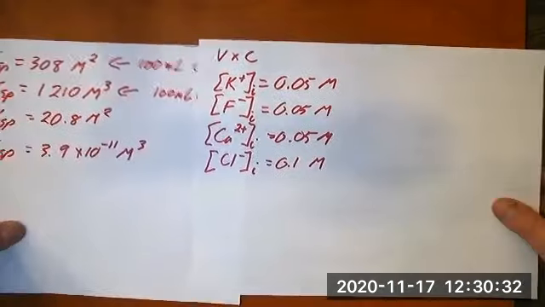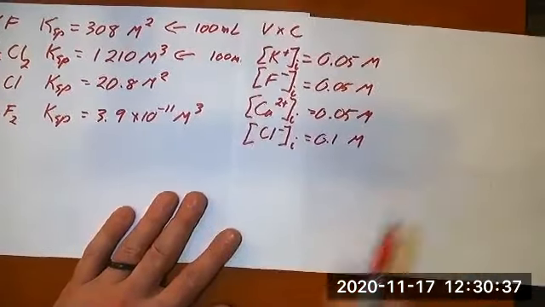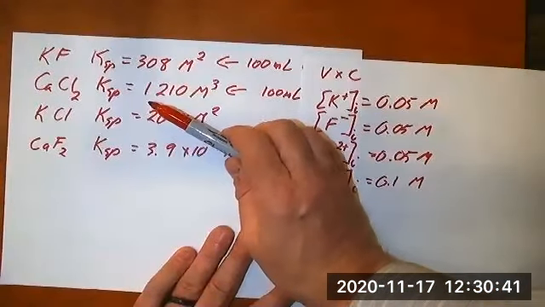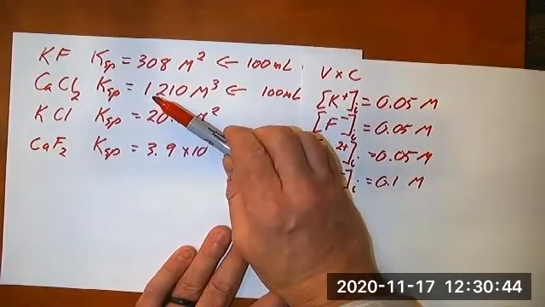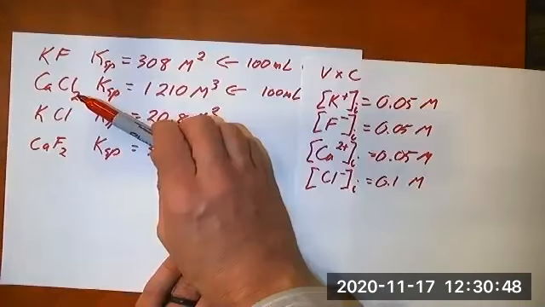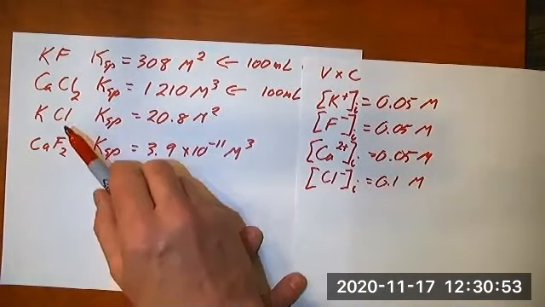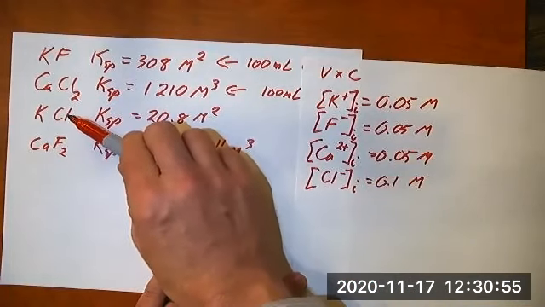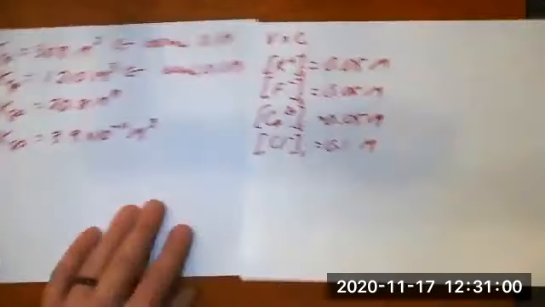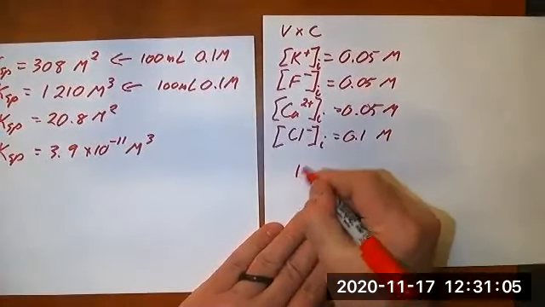All right. So now we need to see what's going to happen. We know that the potassium fluoride and the calcium chloride already dissolved, so we don't need to do any calculation to prove that potassium fluoride's not going to precipitate and calcium chloride's not going to precipitate, because we already made those. So let's do the calculations for both potassium chloride and calcium fluoride. Potassium chloride, let us write down the dissolution reaction.